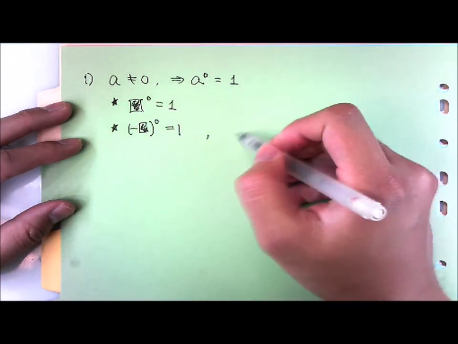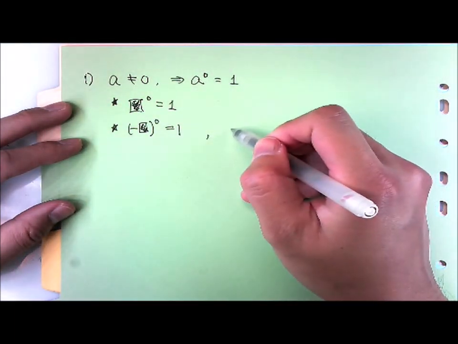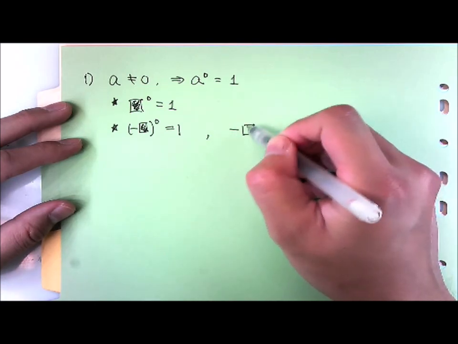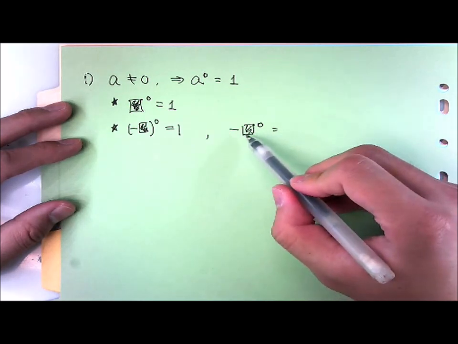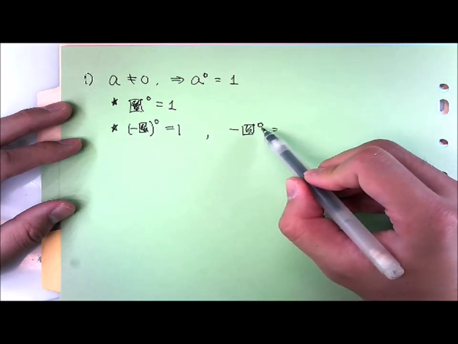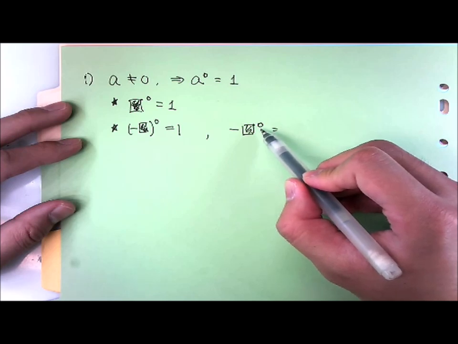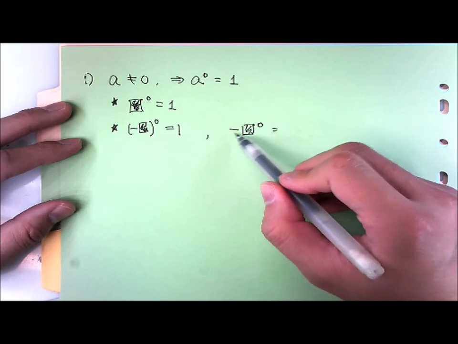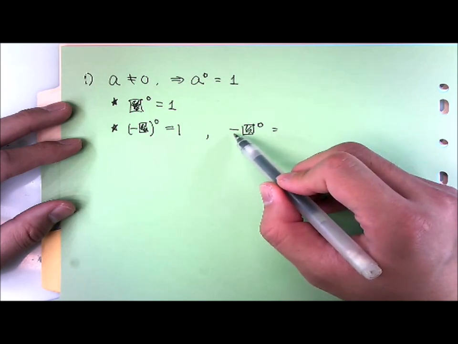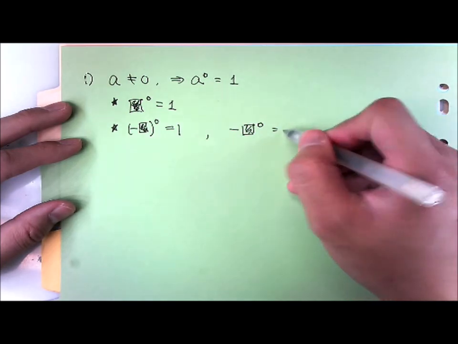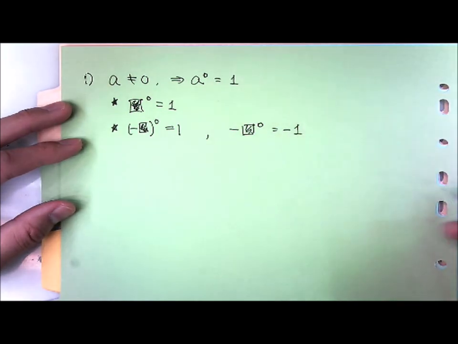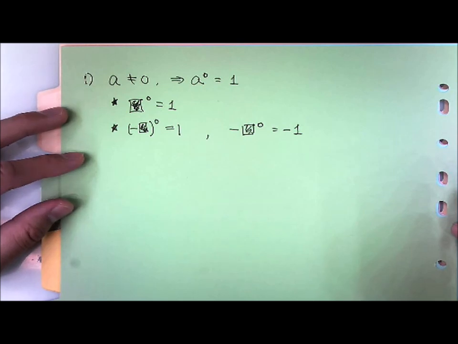Understand? But if it is this, 0, this time the 0 index just includes this one, but not this one. So this 0 does nothing with this negative. So you have to keep the negative, and then 1. Understand? Is it okay? So keep going.